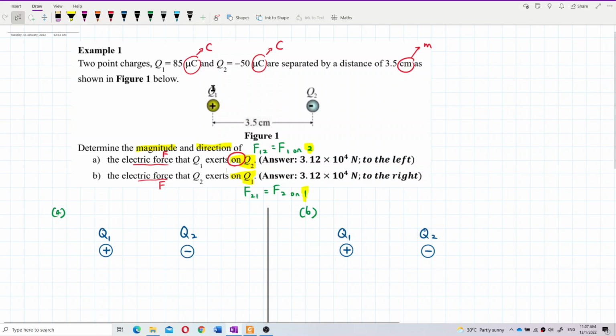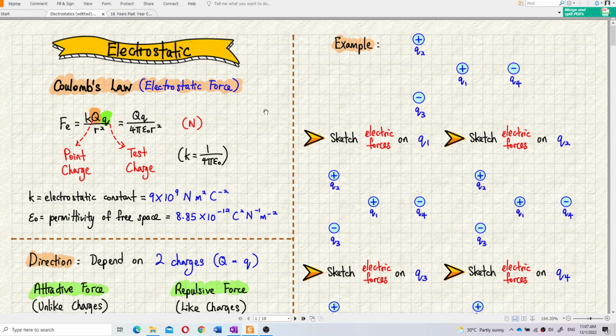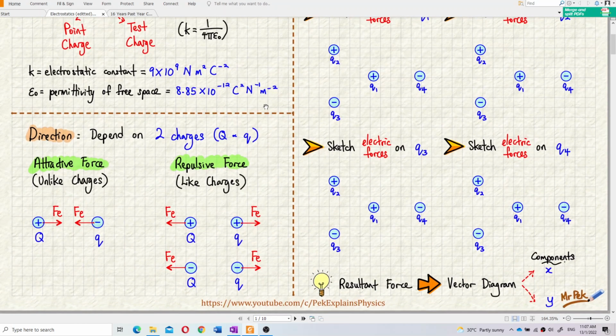Before we solve this question, let us go to the basics. Electric force is experienced by two charges. If it is unlike charges, positive and negative, they attract, an attractive force. But if you have like charges, positive-positive or negative-negative, they repel each other, so the force is away from each other.